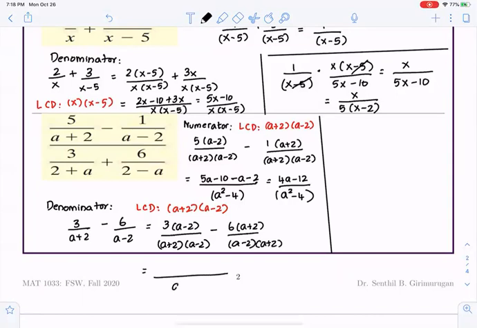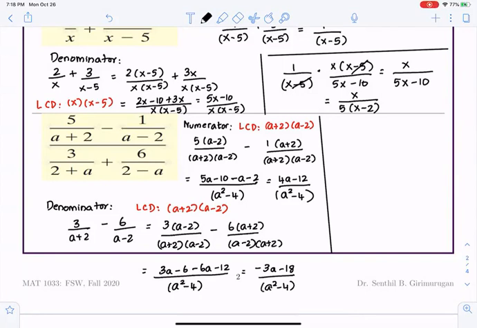So we have a common denominator of a squared minus 4. Combine the numerators. We have 3a minus 6 minus 6a minus 12, which would give us negative 3a and negative 18 over a squared minus 4.